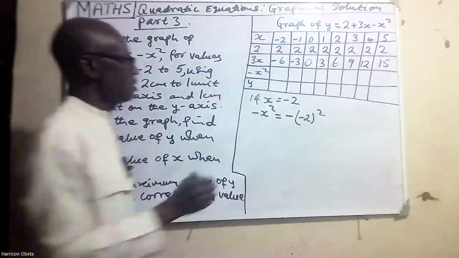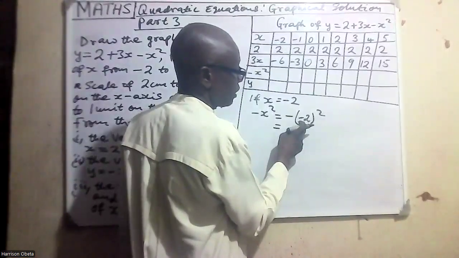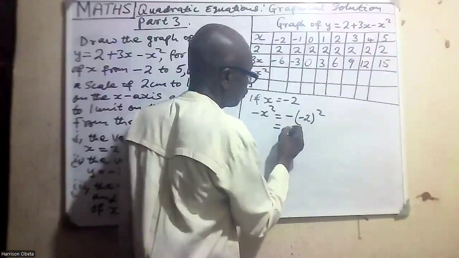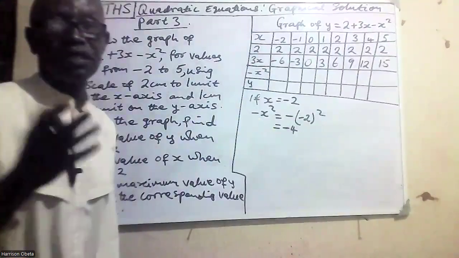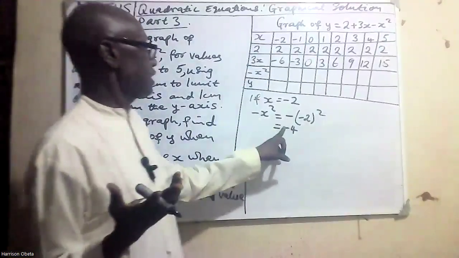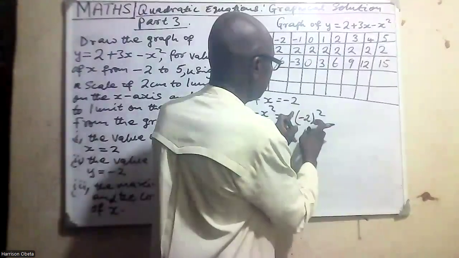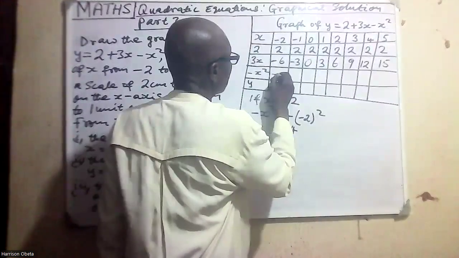Take note of this. And you discover that minus 2 times minus 2 is plus 4. But this minus is still outside. So what should be the answer is minus 4. Take note of that. You may make the mistake of thinking that this is positive. No. Because you have carried out the function here. So what we are going to have here is minus 4.